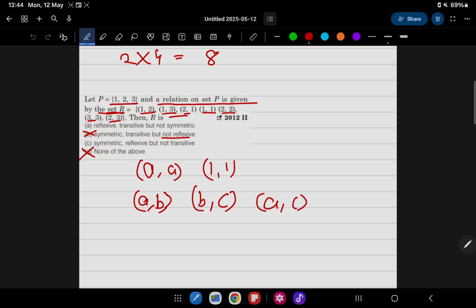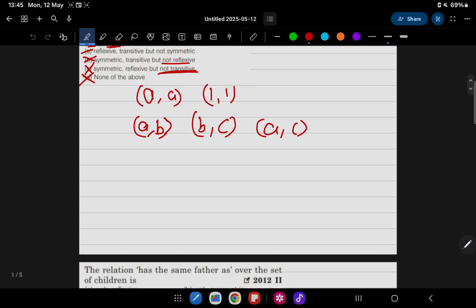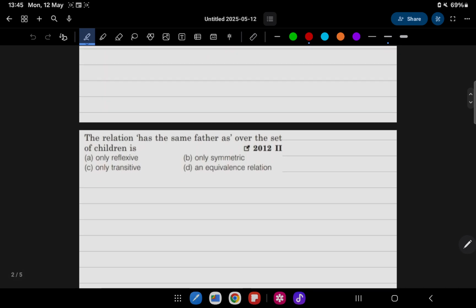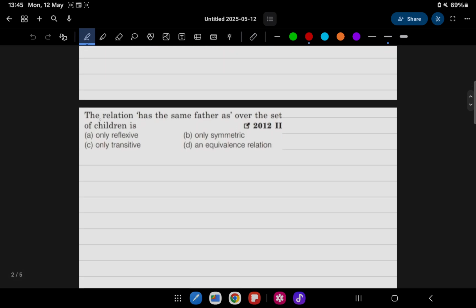So here 1, 2 and 1, 3 are present, so 2, 3 is also present, so it is transitive. And option number 3 is also correct because these relations are transitive, so option number 1 is our correct answer. So let's proceed to the next question.